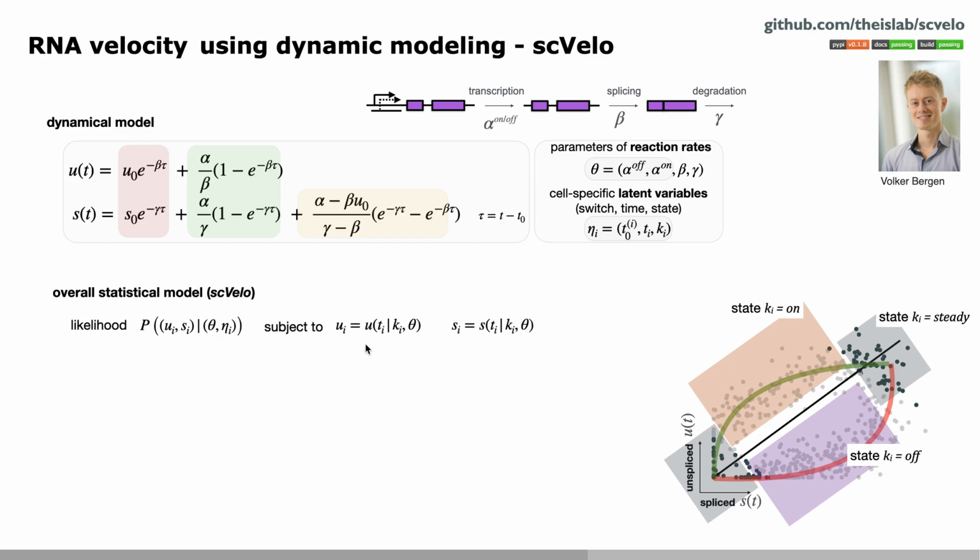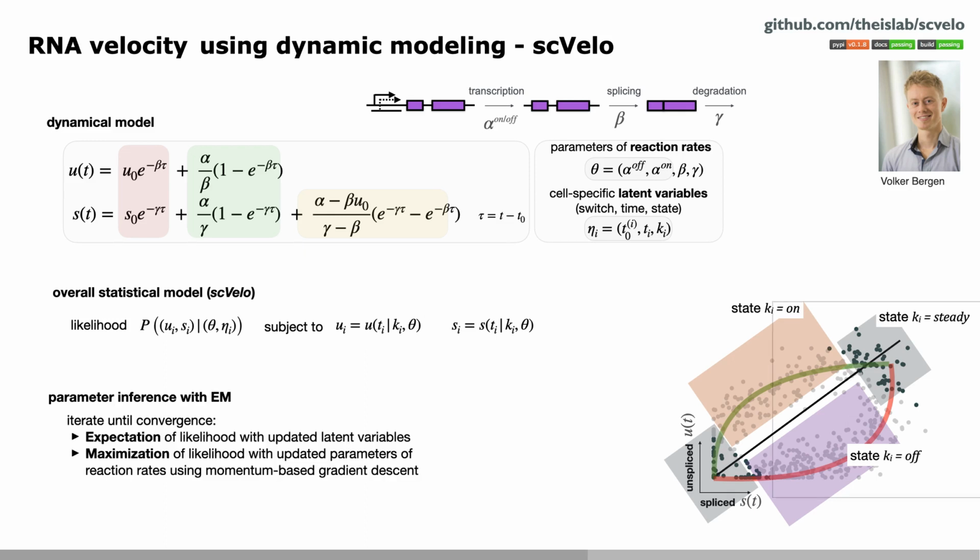Again, the unspliced reads and the spliced reads are subject to the time, the state, and the reaction rates. So what we now have to estimate are the reaction rates and the latent variables. It looks complex, potentially it is, but we solve this with expectation maximization algorithms. So we compute the likelihood, optimize the parameters, that's the maximization step, and update until we converge.